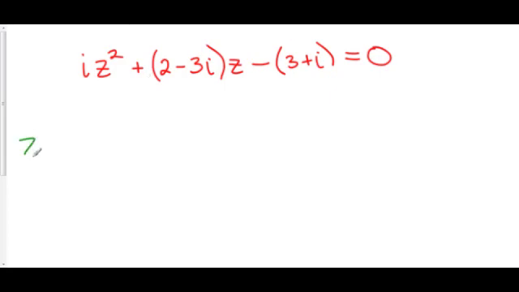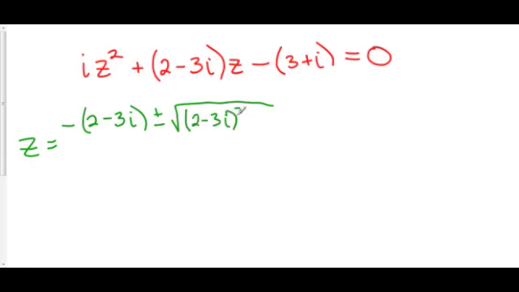It's given by z is equal to negative b, that's negative quantity b, which is 2 minus 3i, plus or minus the square root of b squared, that's quantity 2 minus 3i squared, minus 4 times a times c, and c here is negative quantity 3 plus i.